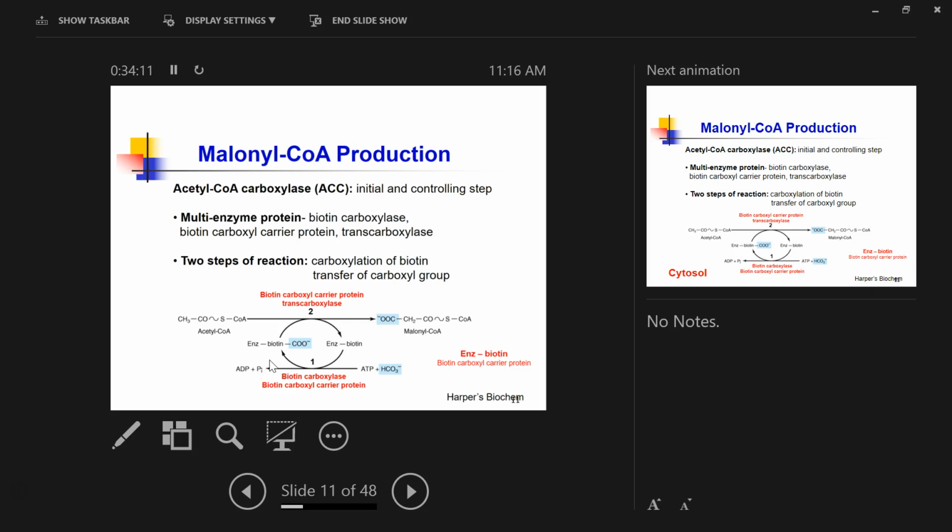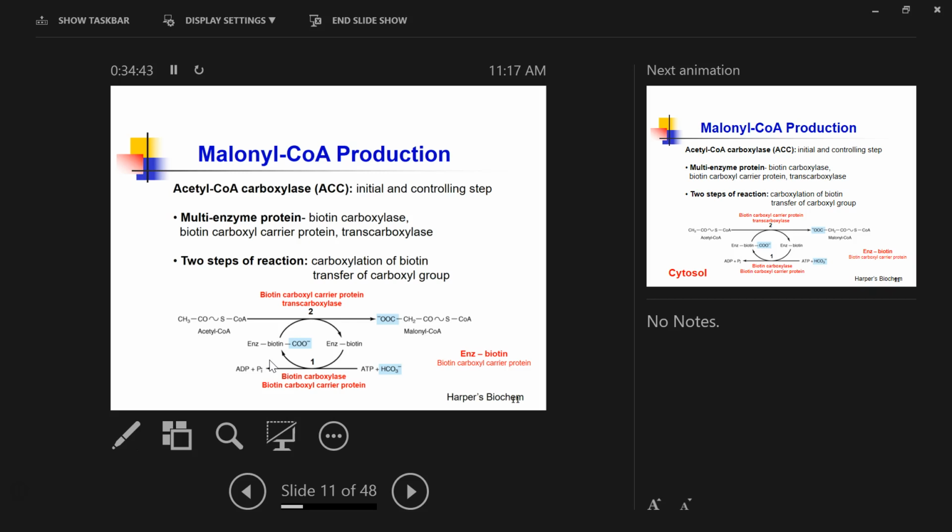So these proteins come very close and work together to catalyze the formation of malonyl-CoA. So in general, there are two steps of reaction involved in the formation of malonyl-CoA. The first step is the step catalyzed by biotin carboxylase.